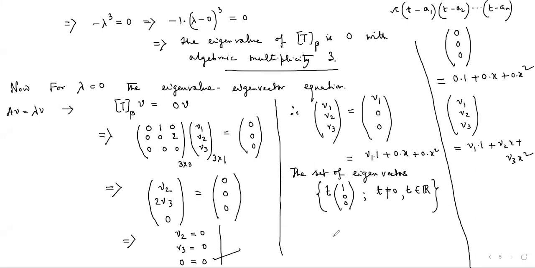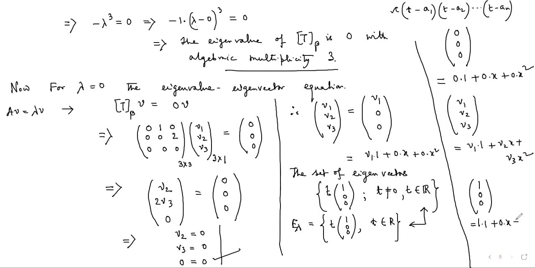And if we construct the eigenspace E lambda, that E lambda will be t into (1, 0, 0), t belonging to R. Now, probably you have understood what is the difference between these two. Here, the t not equal to 0 condition is not present. What is (1, 0, 0)? This is 1 into 1 plus 0 into x plus 0 into x square.